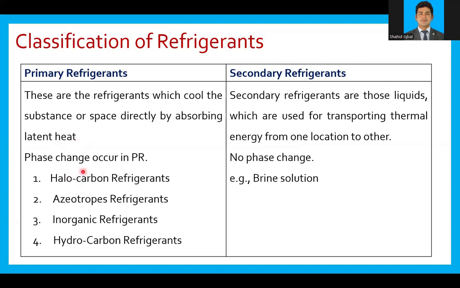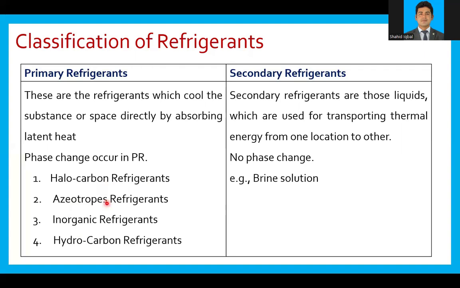In primary refrigerants, phase changes occur, and there are different types of primary refrigerants. For example, halocarbon refrigerants, isotope refrigerants, inorganic refrigerants, and hydrocarbon refrigerants. In halocarbons, the three main halogens, chlorine, fluorine, and bromine, play an important role in the bonding of hydrogen and chlorine and fluorine for producing better thermal performance of these refrigerants.